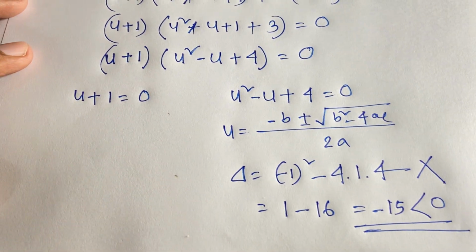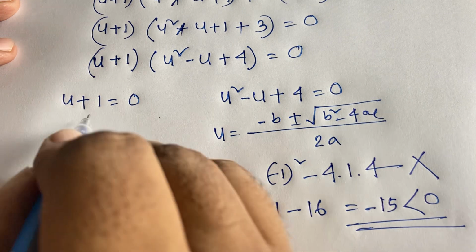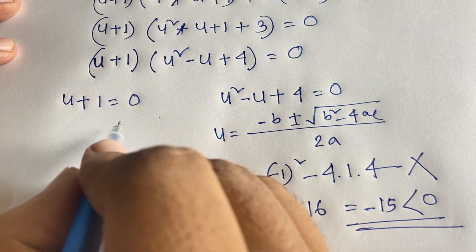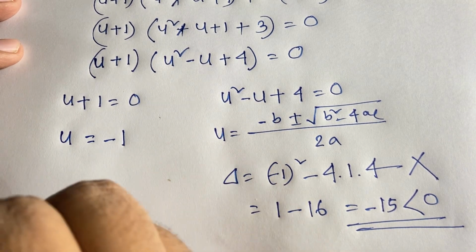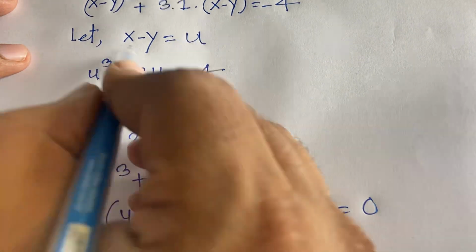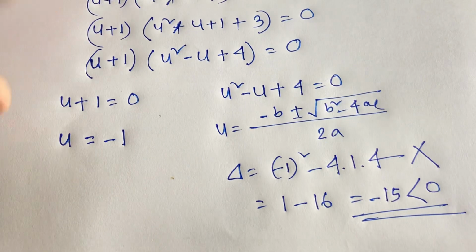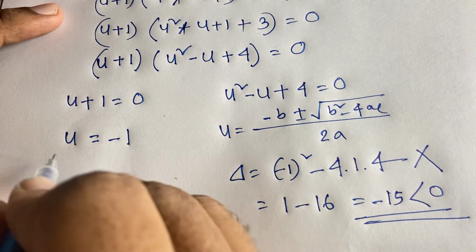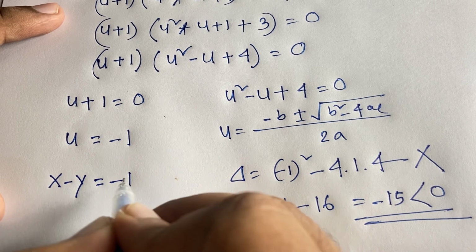But in this case, look, we'll take our other equation, u plus 1 is equal to 0. So u plus 1 is equal to 0, so I can say u is equal to minus 1, but remember that u will be x minus y. So I put this value in this case, so we'll find out x minus y is equal to minus 1.